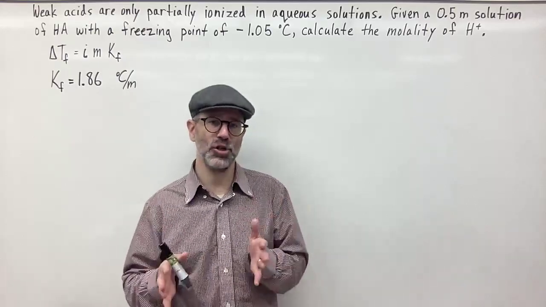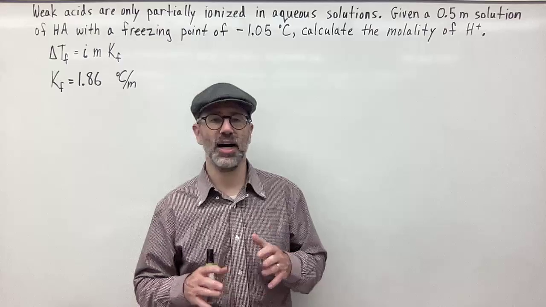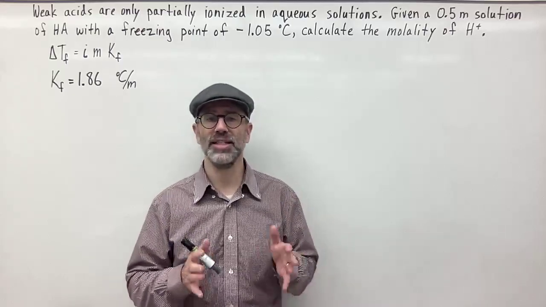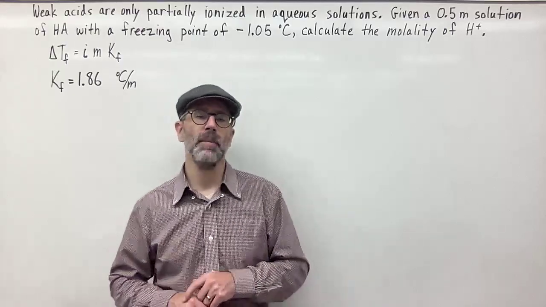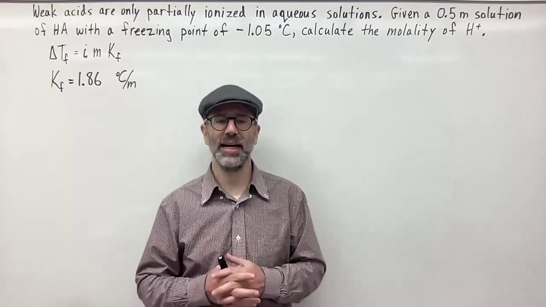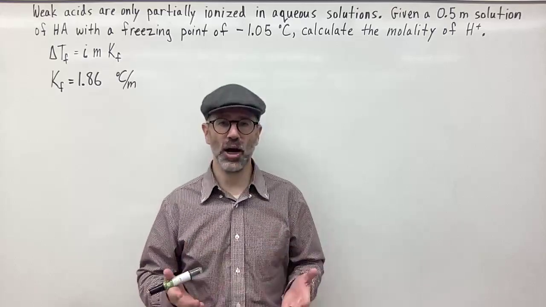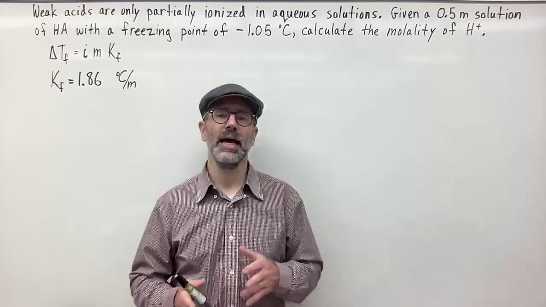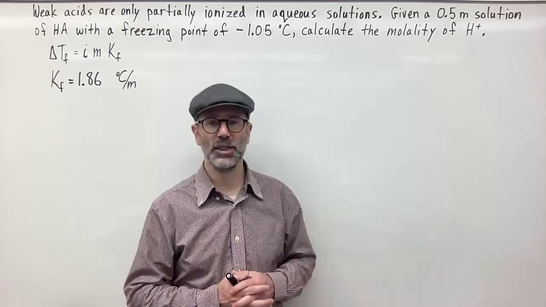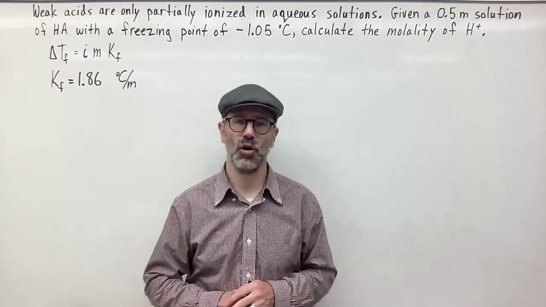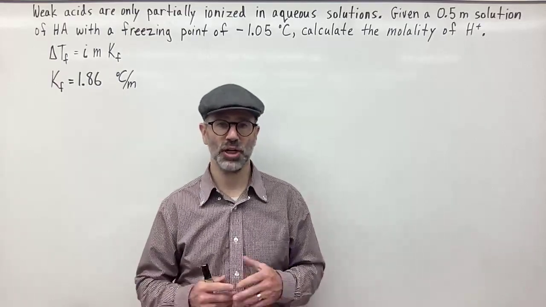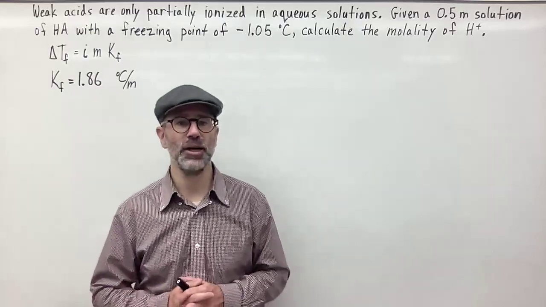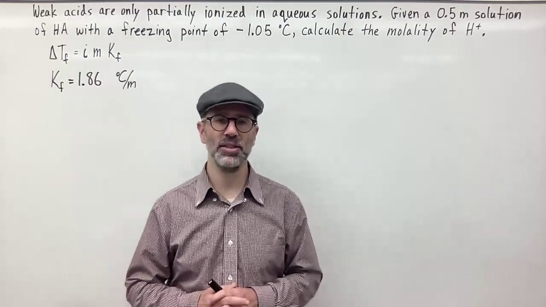So we can't assume that the amount of H plus in solution is 0.5 molar, because it only partially ionizes. If this was a strong acid, then it would 100% ionize, and the molality of your H plus would be the same as the molality of the solution.